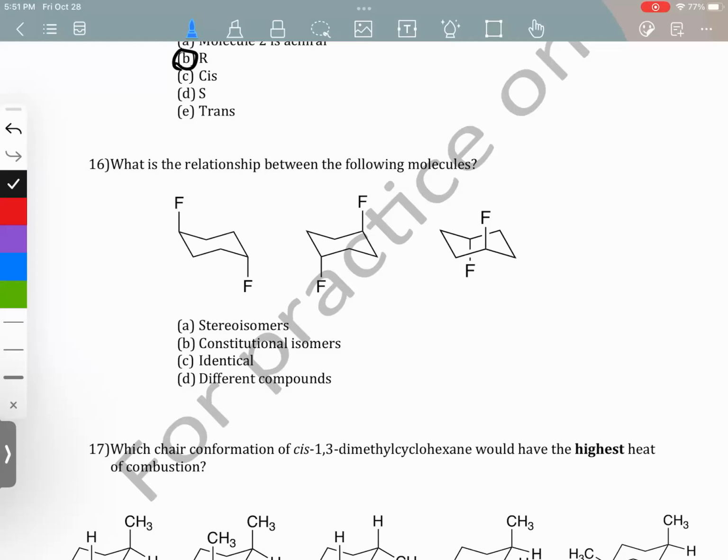All right. Question 16. What is the relationship between the following molecules? So, can they be stereoisomers? Stereoisomers deal with trans and cis molecules. Are each of these molecules stereoisomers to one another?